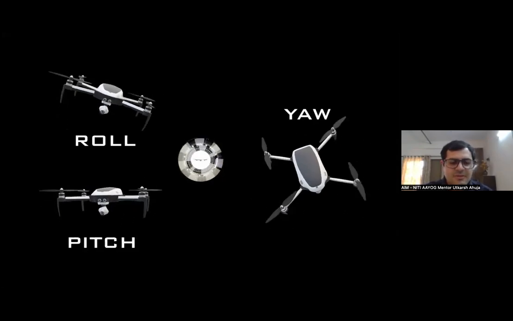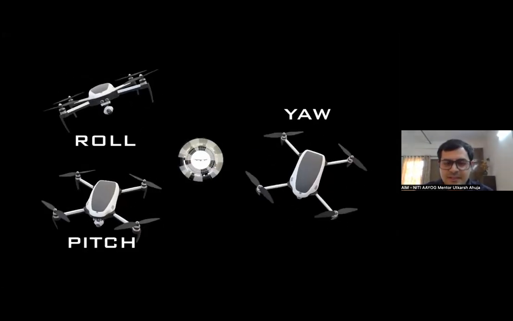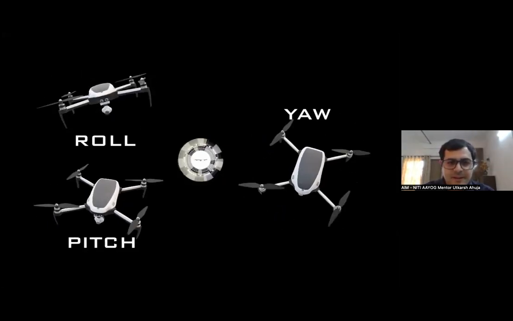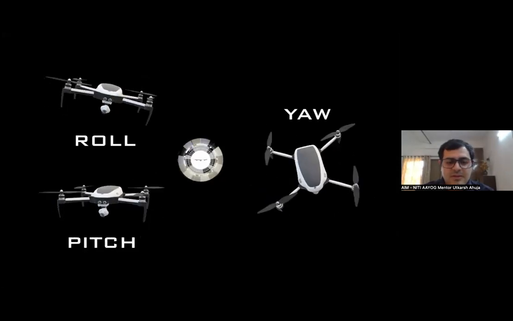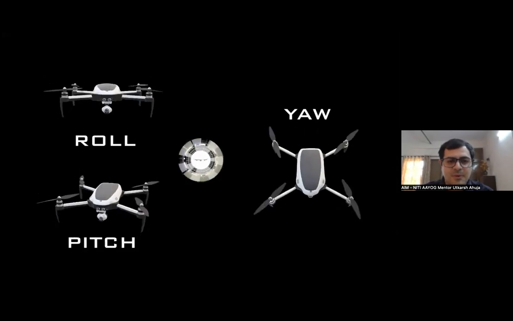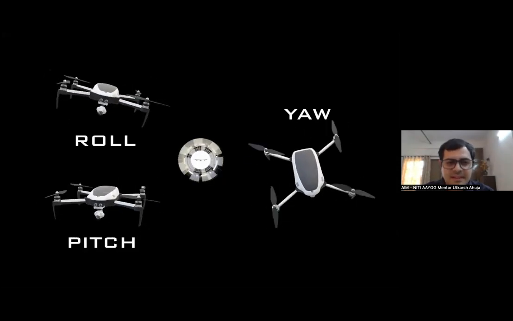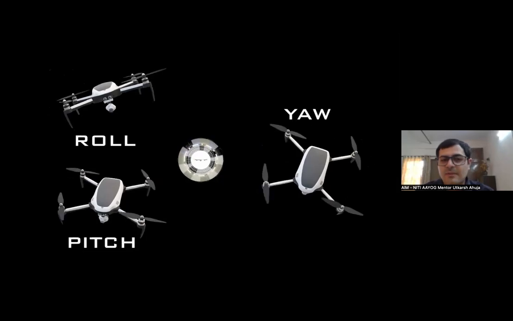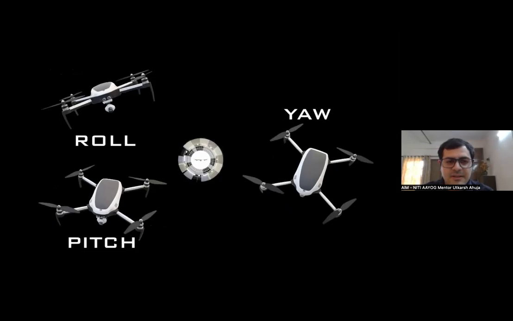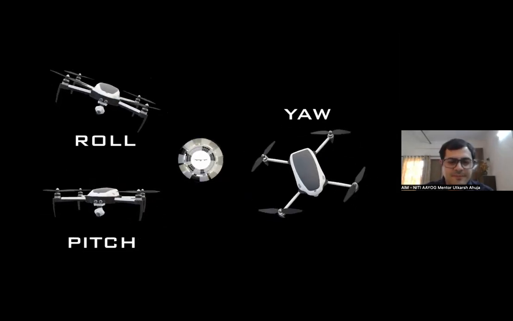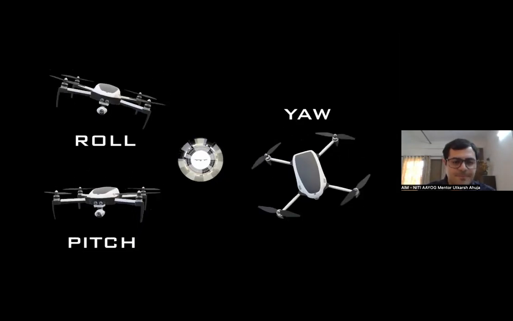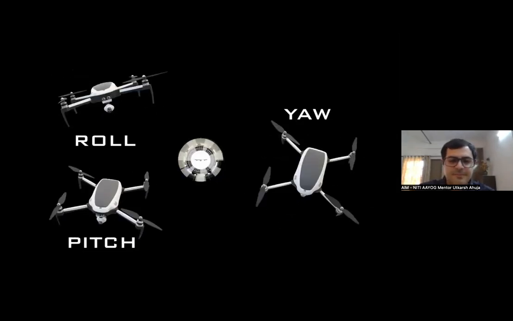So in this case, roll, pitch, and yaw are not the same, it's entirely different. Again, I will repeat that point. If the drone shape, the center pivot, is symmetrical in both the axes, in that case, roll and pitch are the same. Otherwise, if the drone is not symmetrical, roll, pitch, and yaw are different, in case of dynamics, in case of system attitude and control. Okay, let's proceed further.